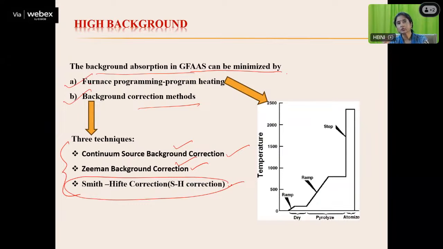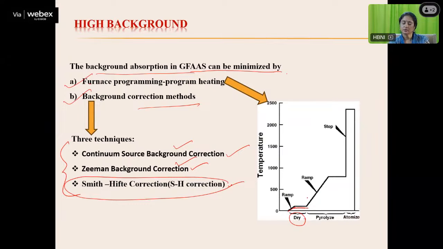Now you heat the tube slowly to 100 degrees centigrade with a ramp and keep it there for a few seconds. That step is known as dry. There all your solvent will dry up, and there will be a continuous argon flow throughout the tube so that the solvent is washed away.